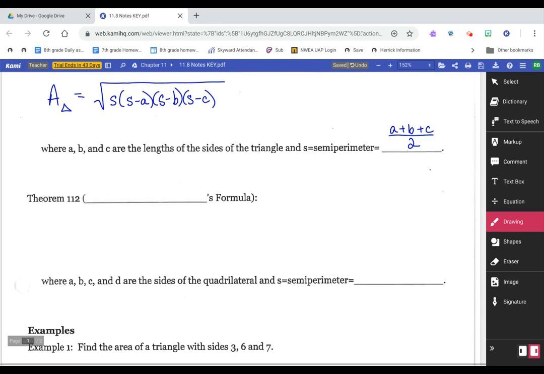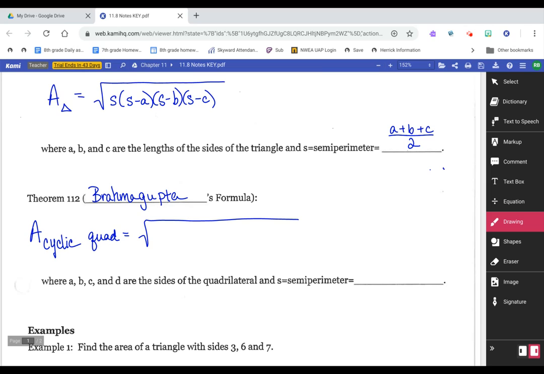All right, next we have Brahmagupta's formula. This formula is used when you have a quadrilateral inscribed inside of a circle. So a cyclic quadrilateral. The formula would be the following. Again, we have a long square root, and it's just going to be s minus each side.